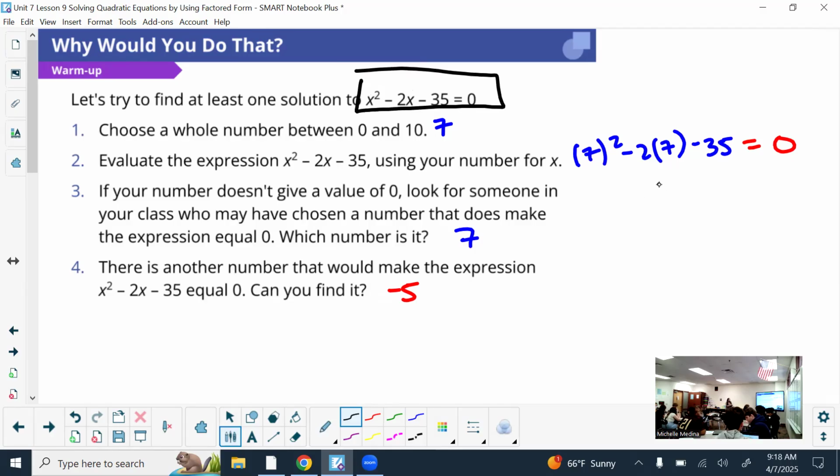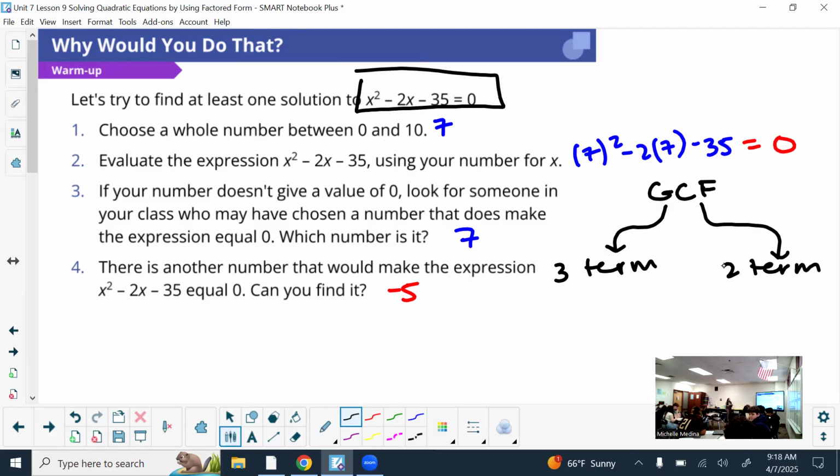So anytime you're factoring, first check for a GCF. If there is one, factor it out. We don't have one. So after you factor out your GCF, you check how many terms you have. So far, we've learned how to factor a 3-term expression and a 2-term expression. How do I factor my 3-term expressions?